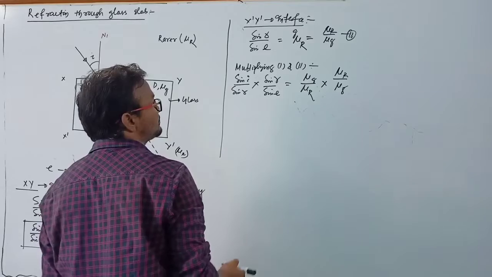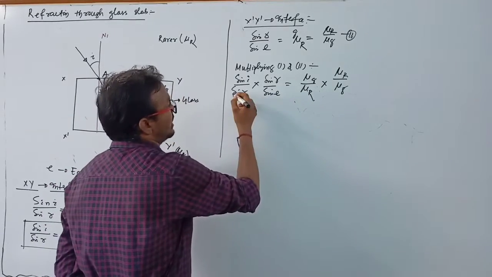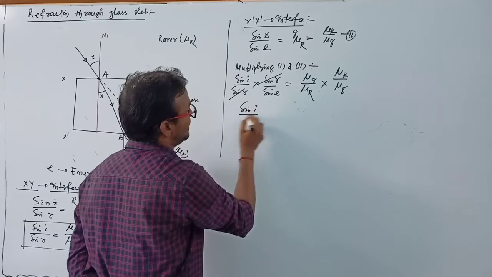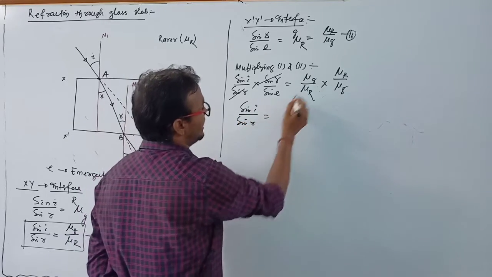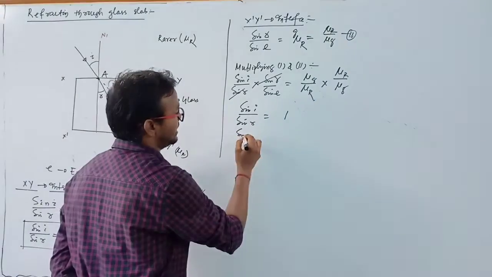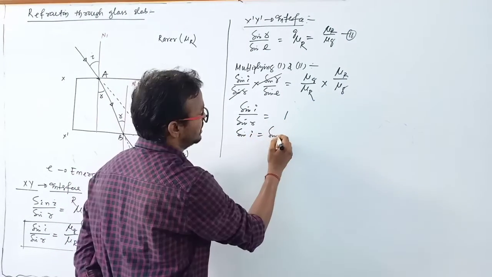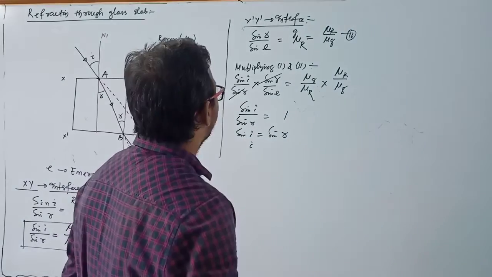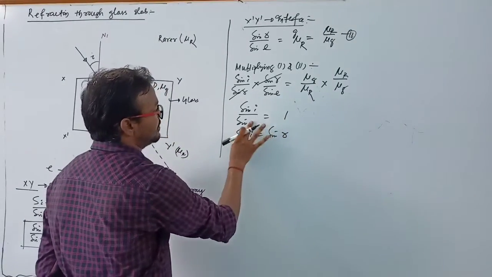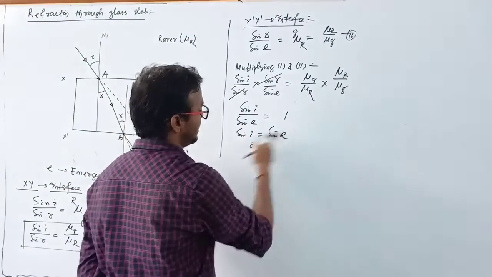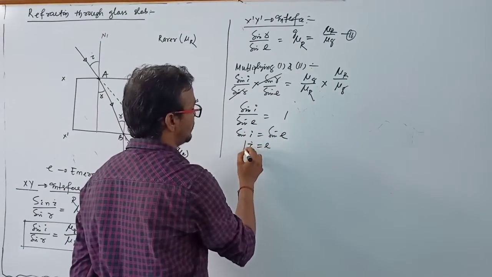Here mu g and mu r cancel, and sin r also cancels, and the remaining part is sin i by sin e equal to 1, so sin i equals sin e. Sin cancels on both sides, so i equals e.